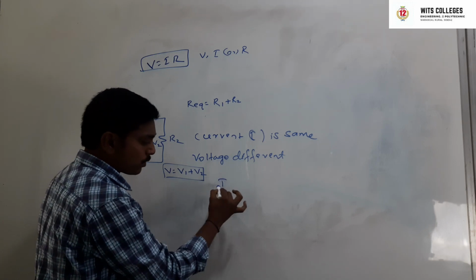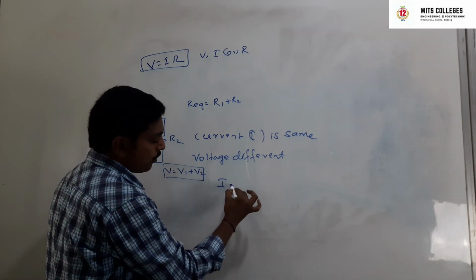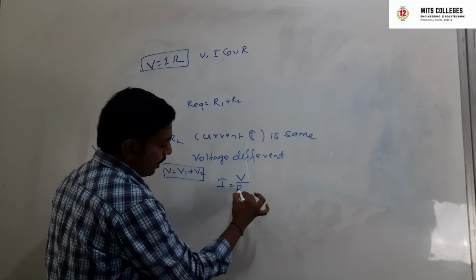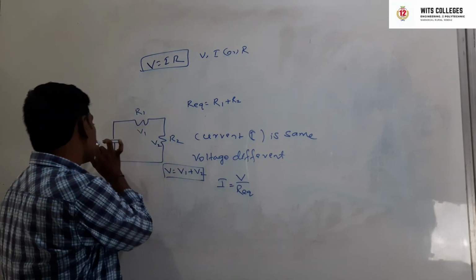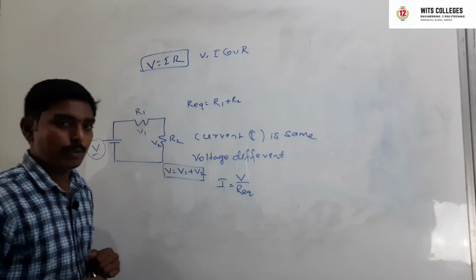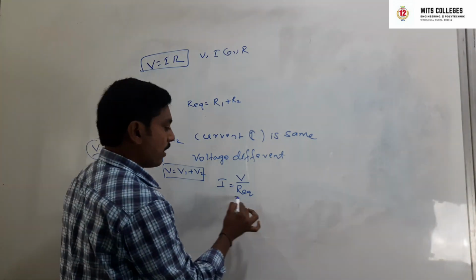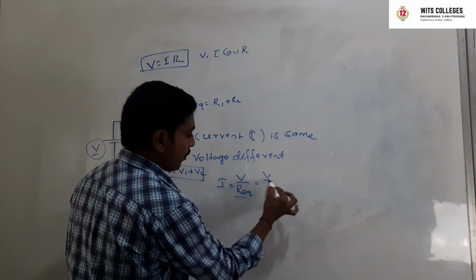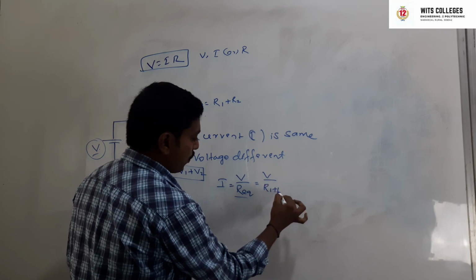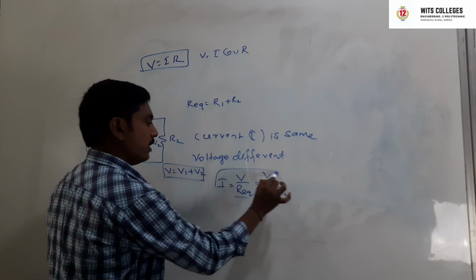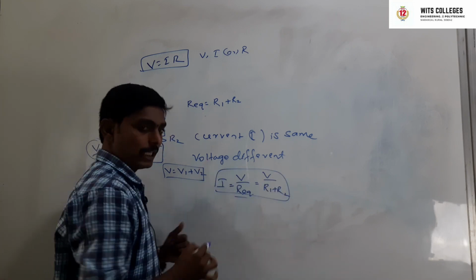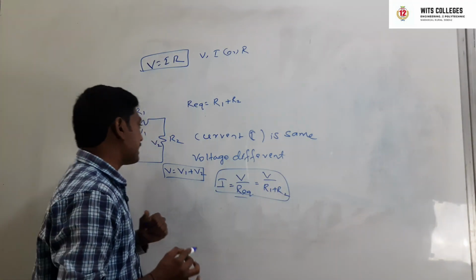Then current I is equal to V by R equivalent, where V is the total voltage source. So I is equal to V by R1 plus R2. By simplifying this equation we get the total current in the circuit.